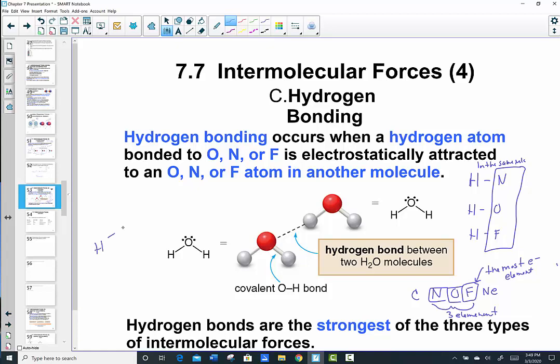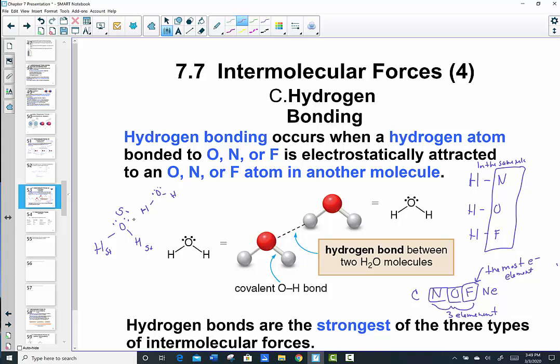So for example, when we would draw the Lewis dot structure for water, we saw that this was a very rich region of electron density on the oxygen, and that the hydrogens were very electron deficient, giving it a partial positive charge. To be electron rich makes you negative overall. To be electron deficient makes you positive overall. So this oxygen on one water molecule would be attracted to a hydrogen on a next water molecule.